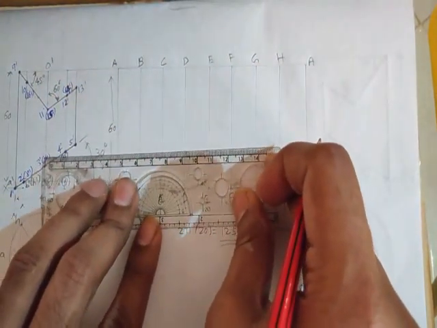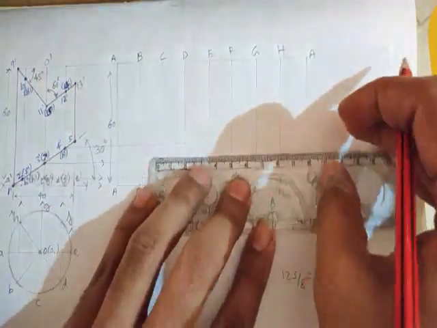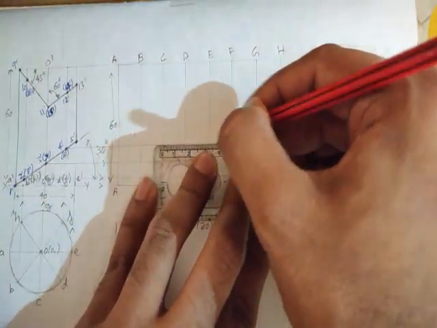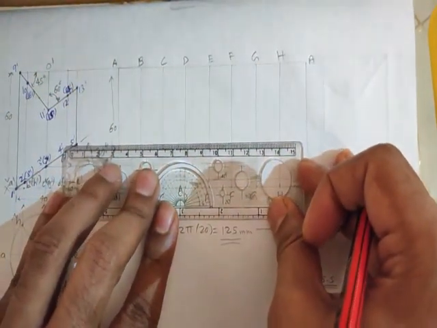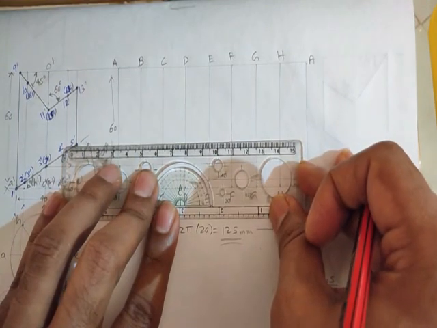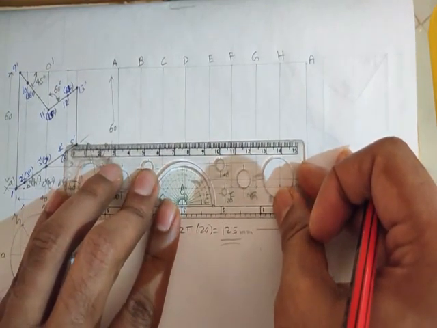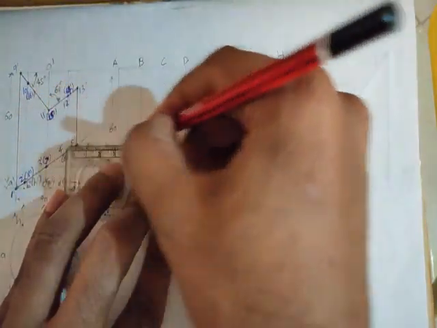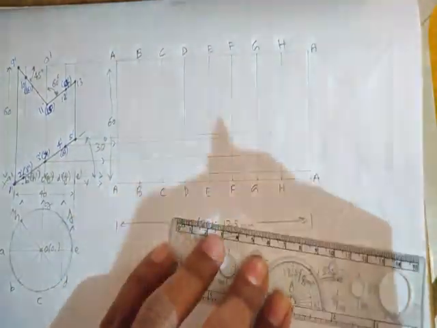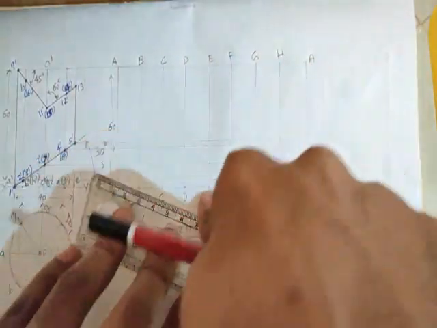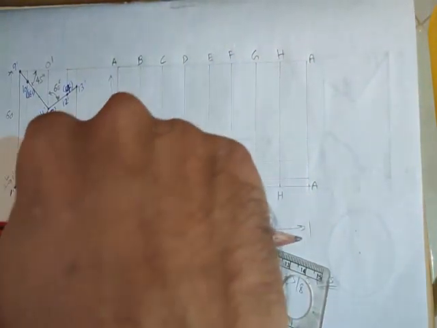This is a projection of 4 and 6. And this is a projection of 5. So the 8 intersection points are taken care of.